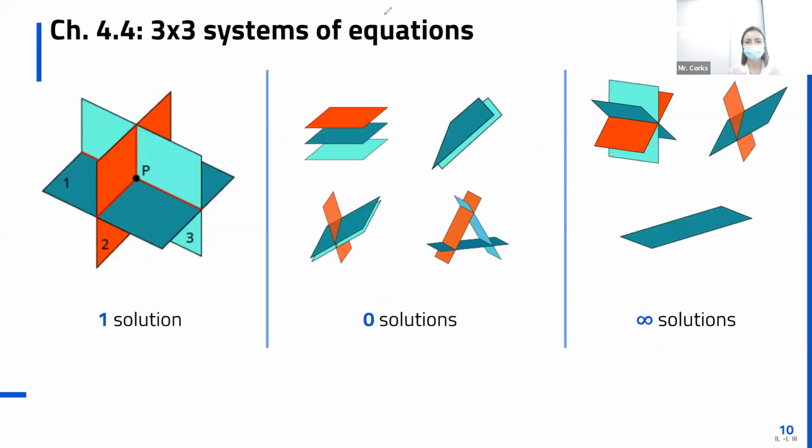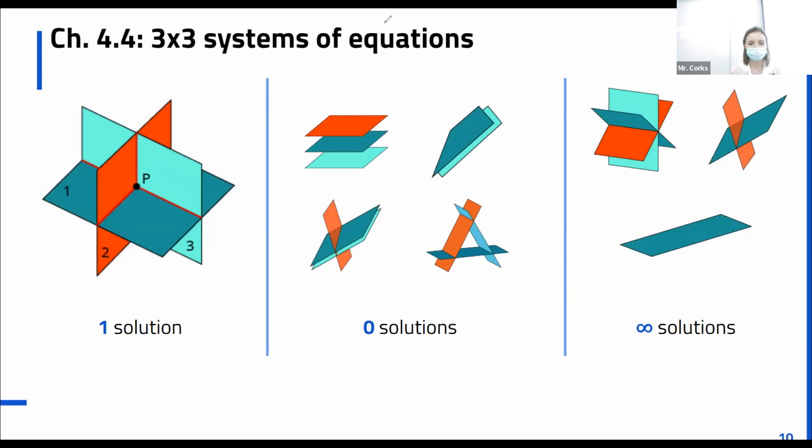So here is the illustration of how 3 by 3 systems of equations actually work. We have only one solution when all 3 planes have a common point, and we have multiple solutions if they lie in the same... It's difficult to explain because I don't remember the terms in English.